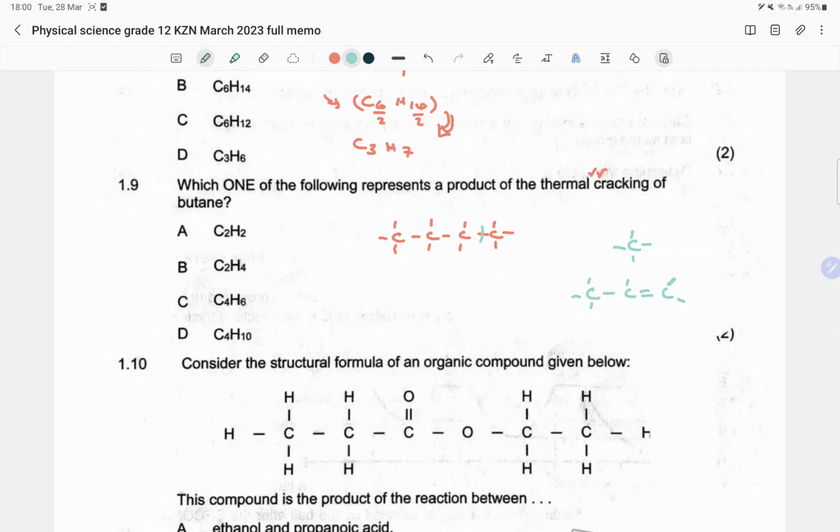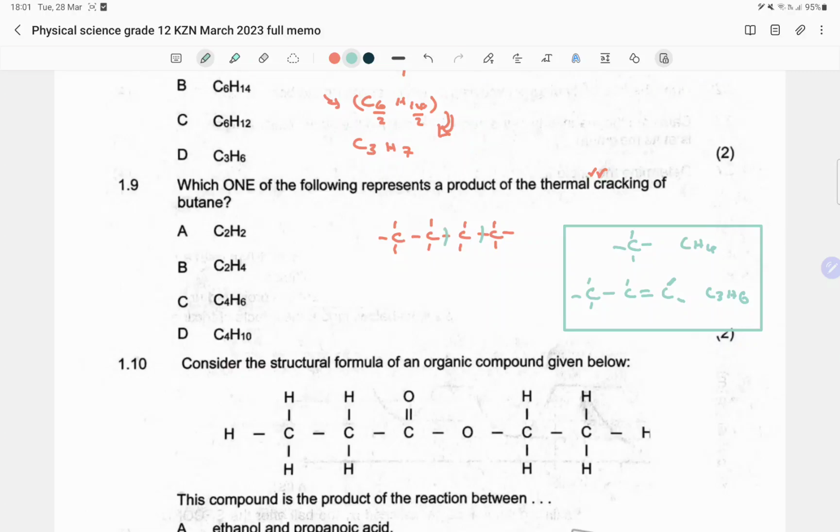Great. So that means we can get CH4 or C3H6. How many? 3, 4, 6. Okay, we're looking for something like that. Do we have anything like that? No. We don't have C3, we don't have C2. So this possibility is squashed. So let's look.